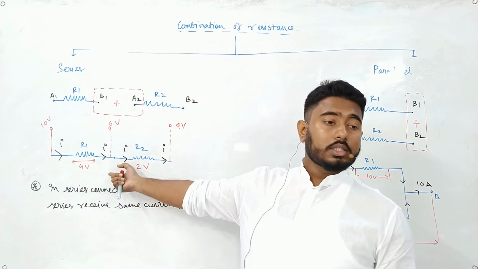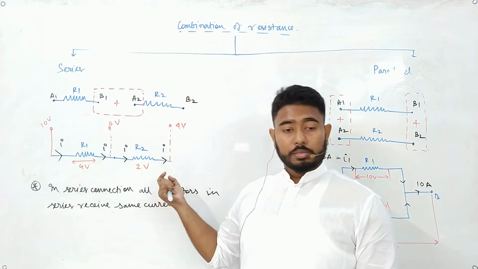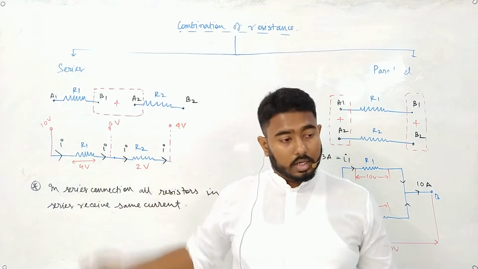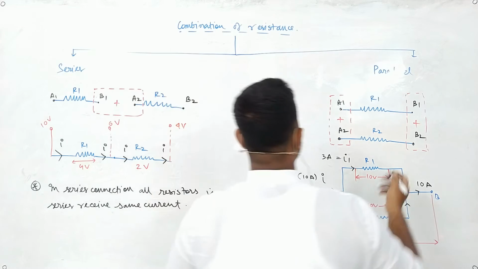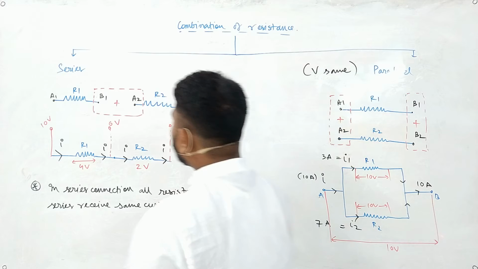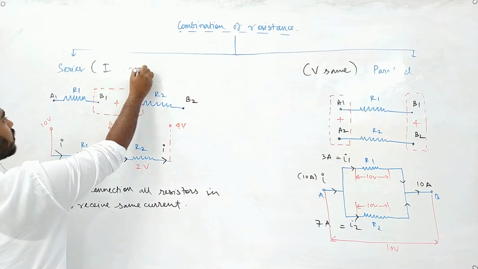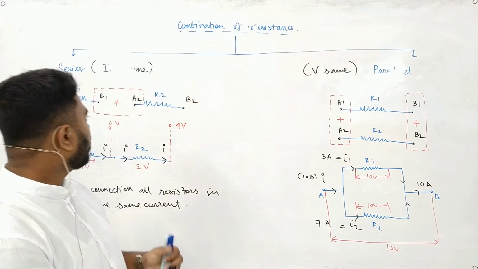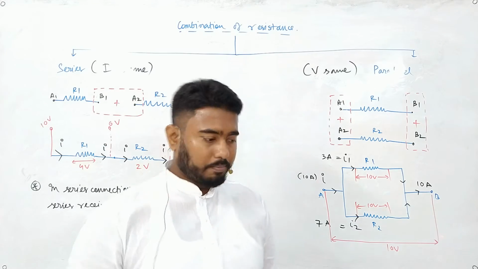Is current changing in series combination? No, current will always be the same. So in case of parallel combination, voltage is the same. In case of series combination, current is the same.